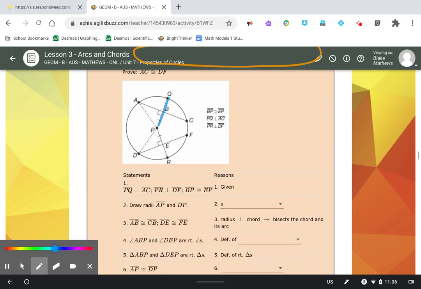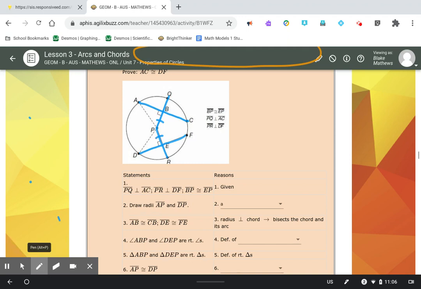So let's just cover what they actually said was given. PQ is perpendicular to AC. So let me try to get that drawn up a little better. PR is perpendicular to FD, and BP is perpendicular to EP. Then it says that AB is congruent to CB, and DE is congruent to FE.